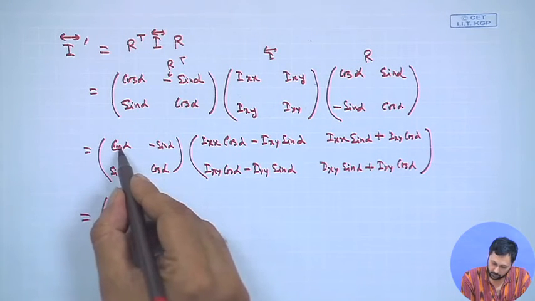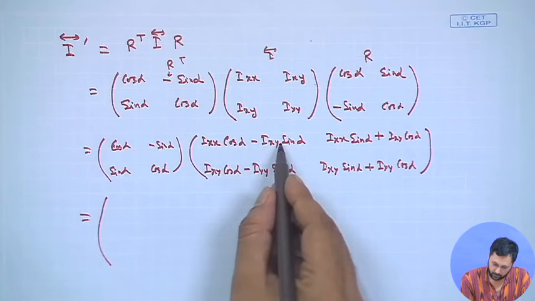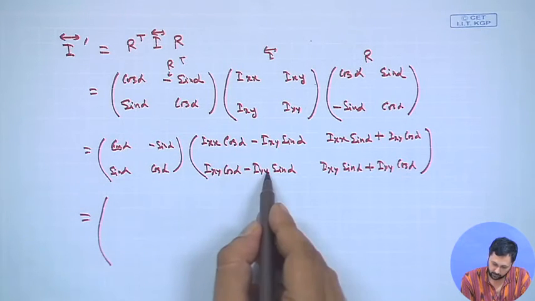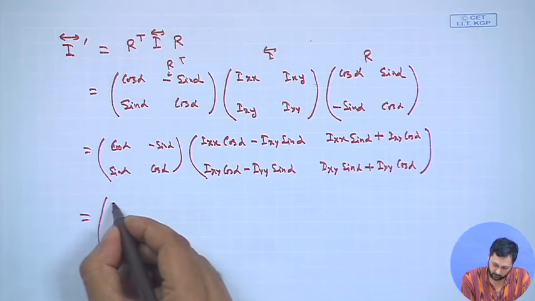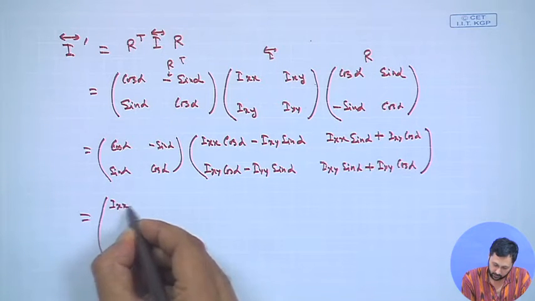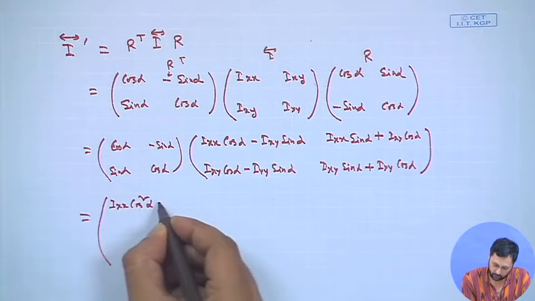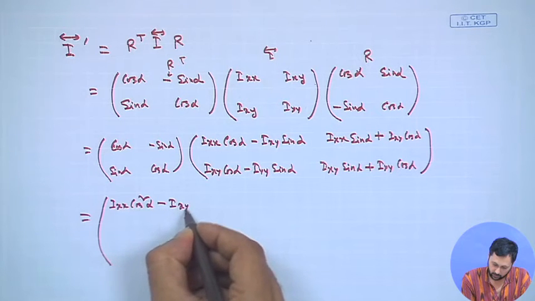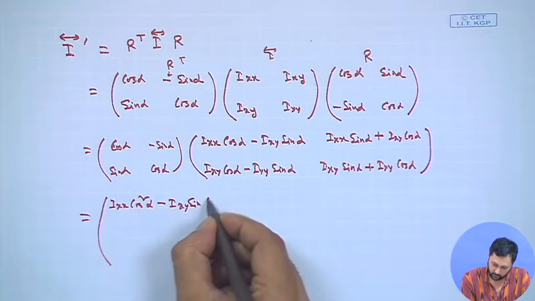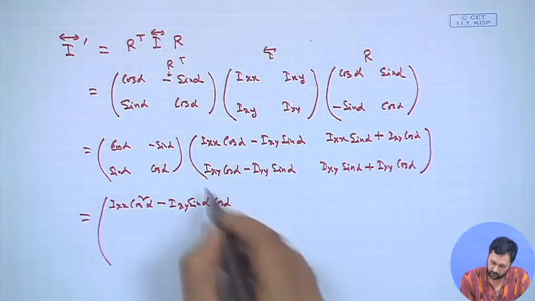Once again we have to execute this calculation. So you have to multiply this with cos alpha and this with minus sin alpha and add, so it will be Ixx cos square alpha minus Ixy sin alpha cos alpha.